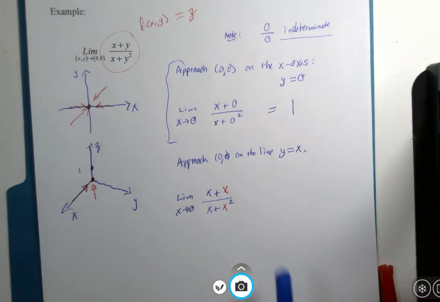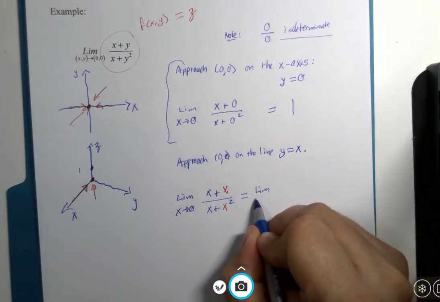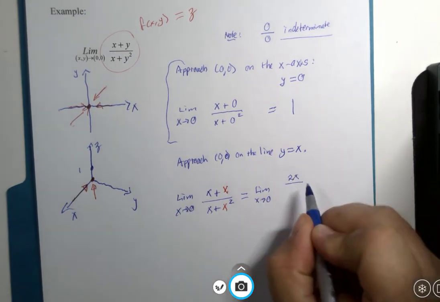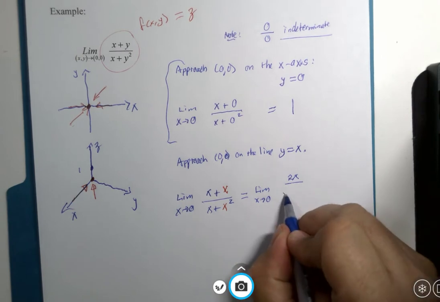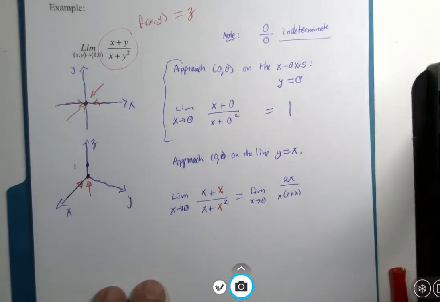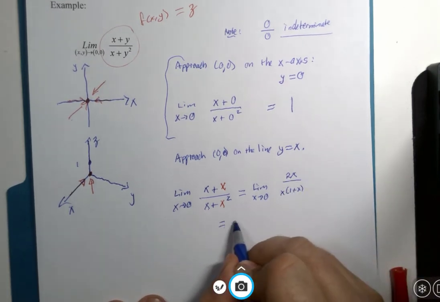So I did this approaching from one path. Let's see what happens here. This is the limit as x approaches 0 of 2x over, in the denominator, if I factor out an x, I'll have 1 plus x left over. Looks like I'm not quite done yet. I can reduce this.